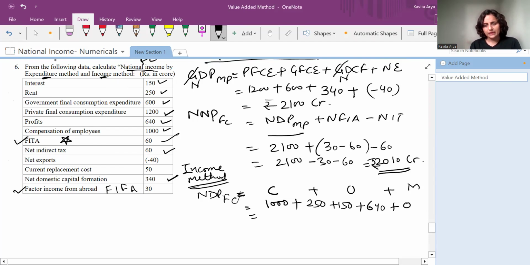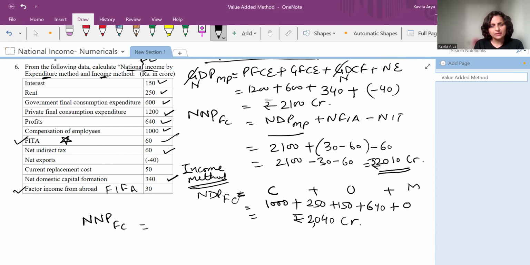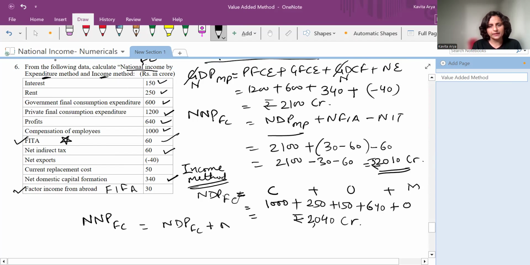So let's add: 4 plus 5, 9, plus 5, 14. Carry 1, 6, 7, 8, 9, 10, 0, carry 1. So this is 2040 in the first step. Let us check out what is to be found: NNP at FC. So this is NDP at FC minus or plus NFIA.